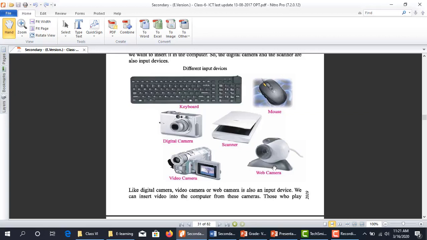A web camera is connected in your laptop, and if you don't have a web camera in your computer, like laptops or desktops, you have to use an external web camera. With a web camera, you're taking pictures or videos, and it comes into the computer. We can save it, we can share our videos with others. So yeah, it's an input device.